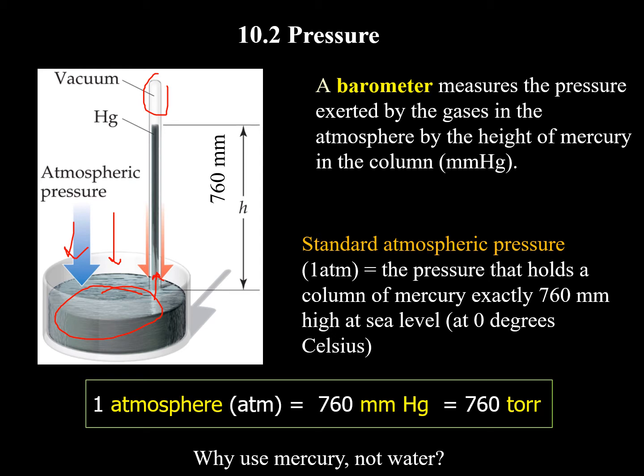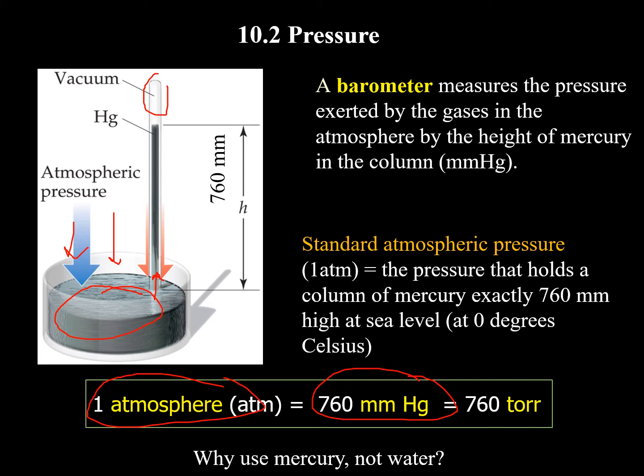This is at 1 atmosphere, sea level. So that's why we came up with the unit of 1 atm being equivalent to 760 millimeters of mercury and 760 torr.